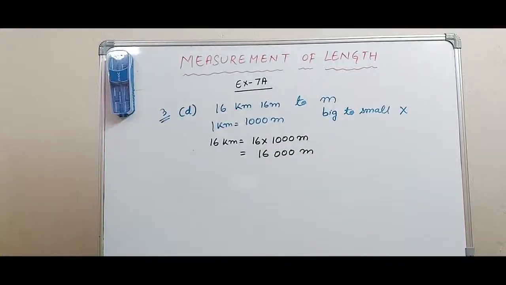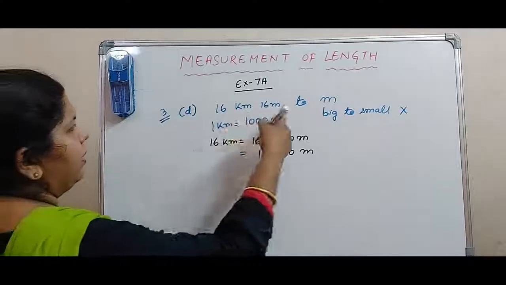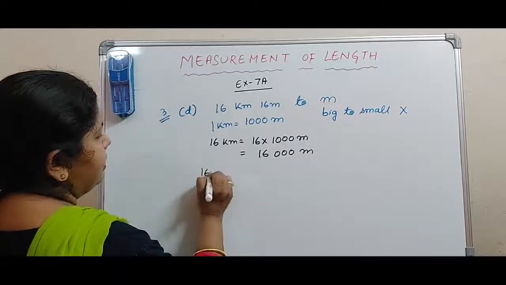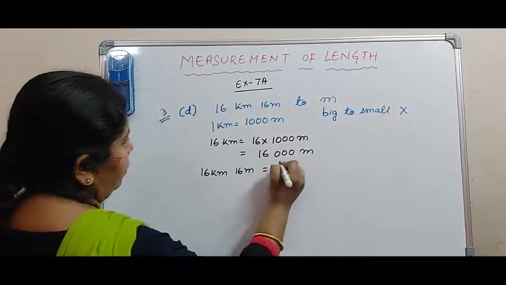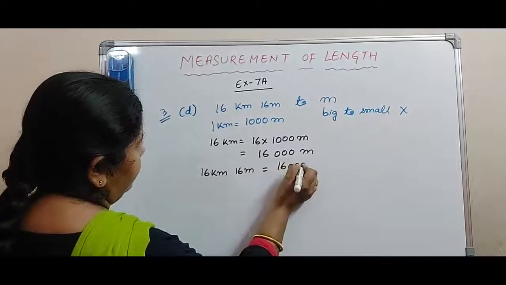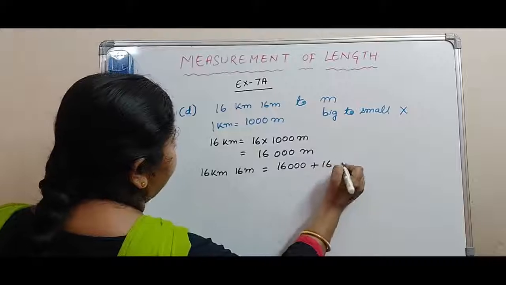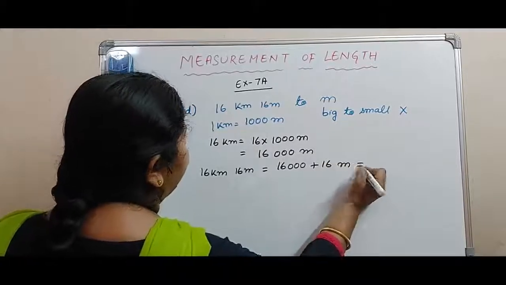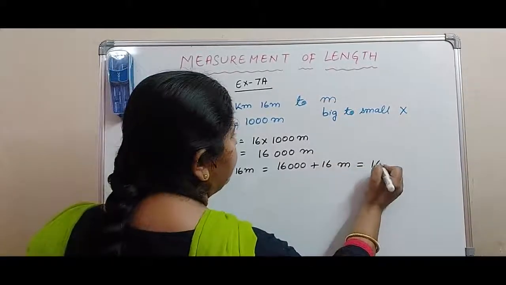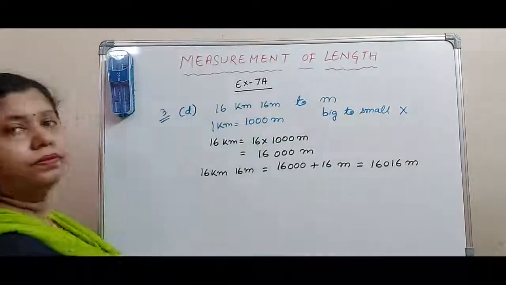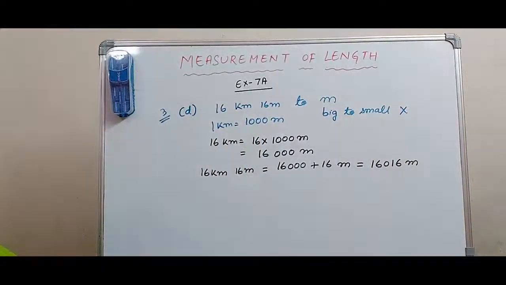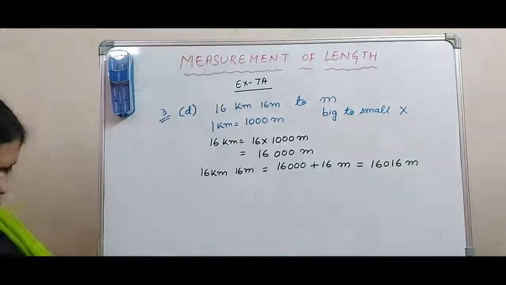And how to convert the total thing, that is 16 kilometer 16 meter equal to 16,000 plus 16 meter, that is equal to 16016 meter. I hope this is clear to everyone. Now we go to the next question, that is number 4.